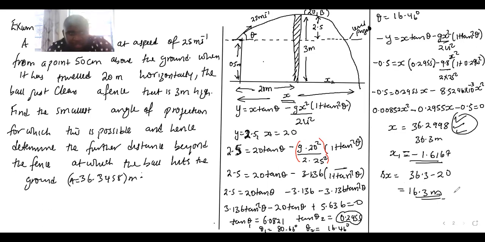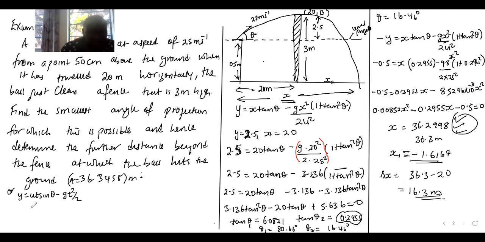Now, I told you that you can even use the other format of finding time by saying y is equal to ut sine theta minus g t squared over 2. Because you already got the angle at 16.4, the negative displacement will be negative 0.5 is equal to 25 times time, which we don't know, sine of 16.4, minus 9.8 times time squared. Okay, let me say this is 4.9 straight away. I've already divided. Someone get me the value of 25 sine of 16.4.